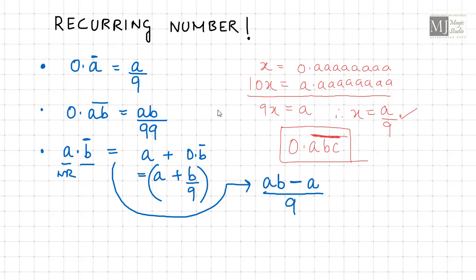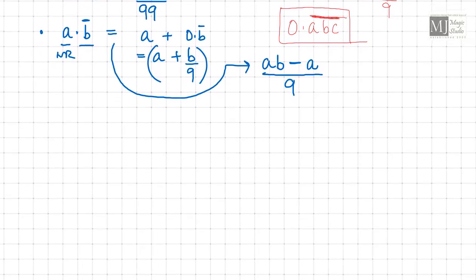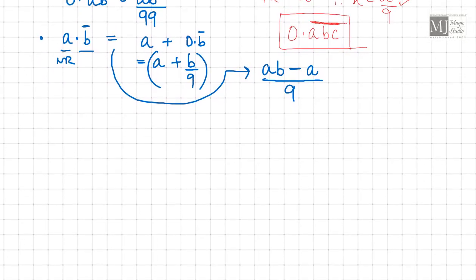So quickly let us see one example with both the formats, so that this clearly goes into our head. 5.4 recurring. If I use the first format, this is 5 plus 4 by 9, which is 9 into 5, 45, plus 4, 49 by 9. Bingo, 2 steps.